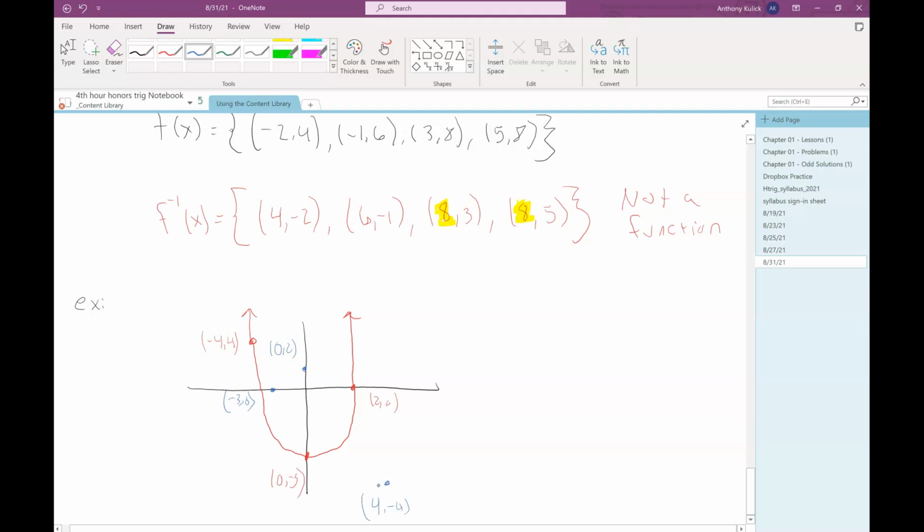So the vertex in f should still be the vertex in f inverse.